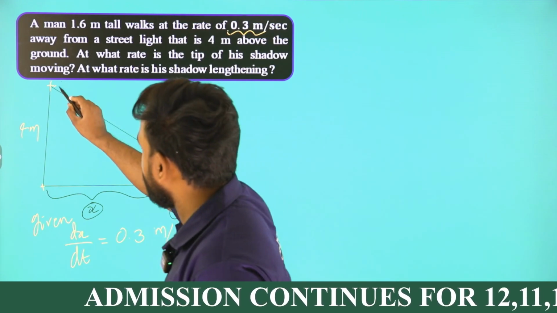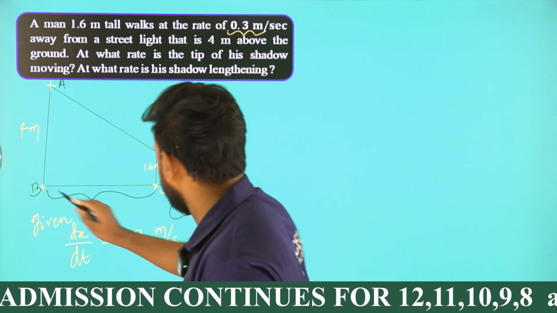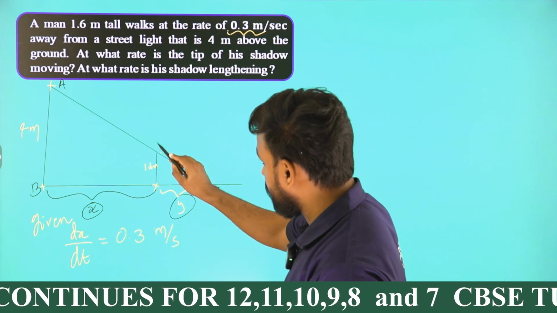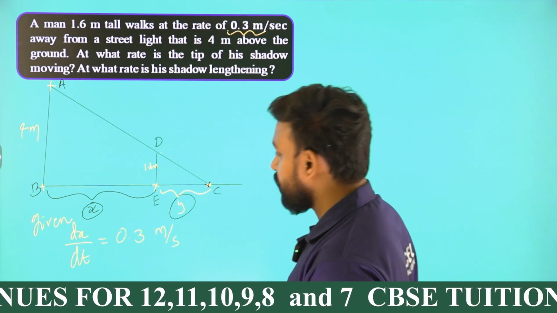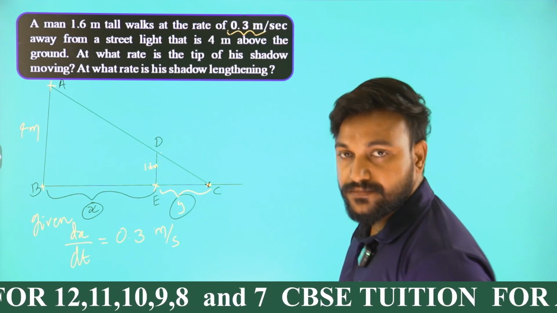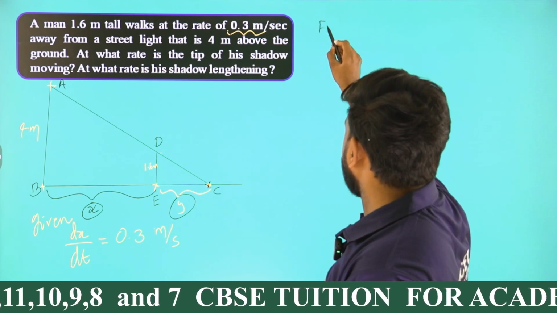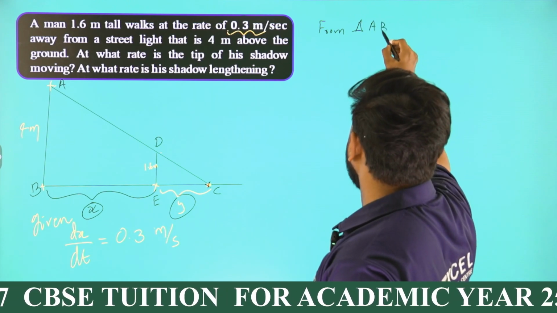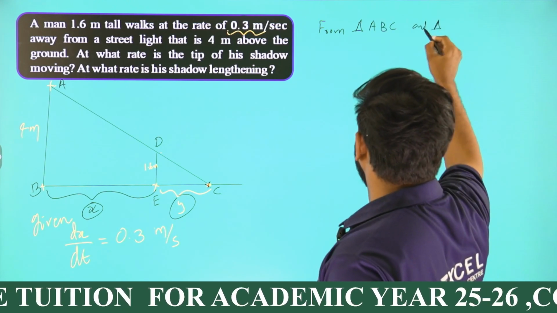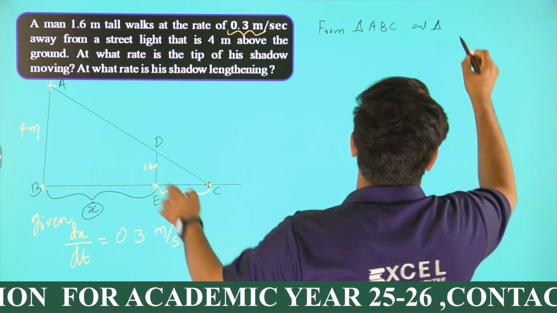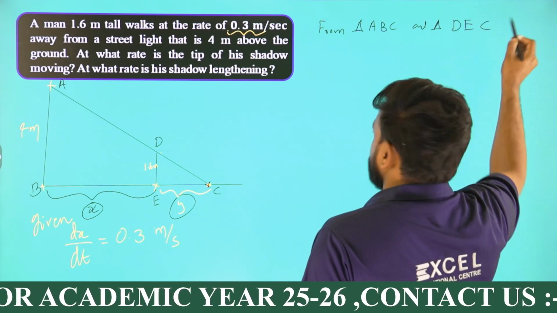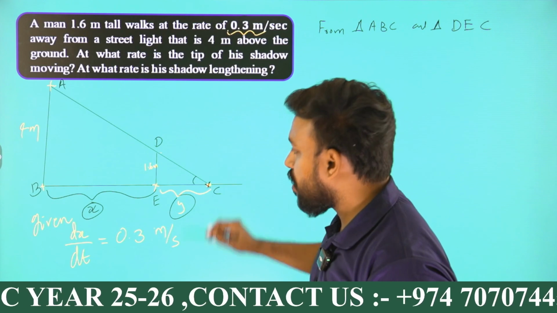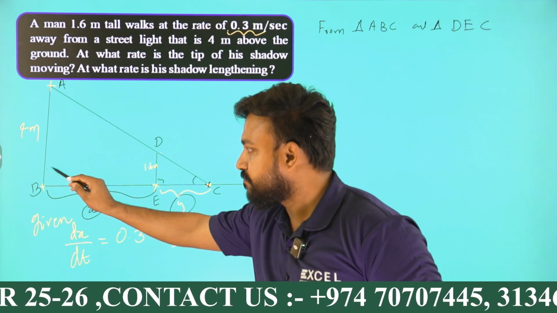So I'm naming these vertices A, B, C for the bigger triangle and D, E, C for the smaller triangle. So from triangle ABC and triangle DEC, from the bigger triangle and the smaller triangle, they are similar because this angle is common and they have a 90 degree.